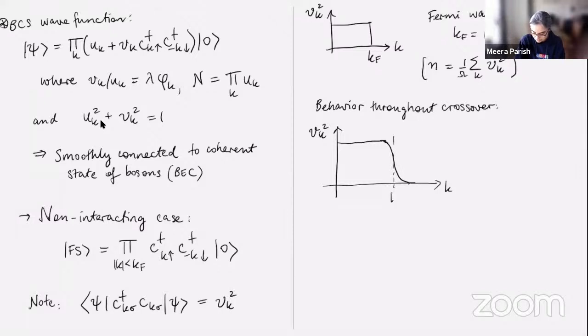So this pairing occurs just around the Fermi surface. And then as you increase the interactions, what's going to happen is that this VK squared changes.